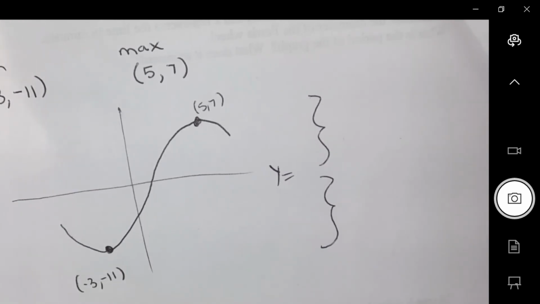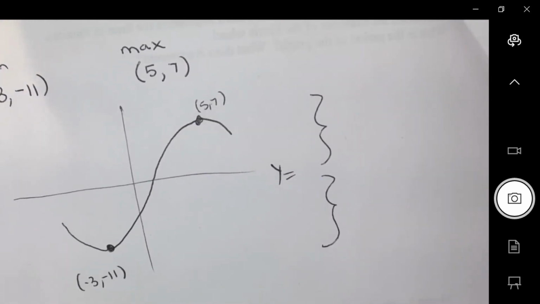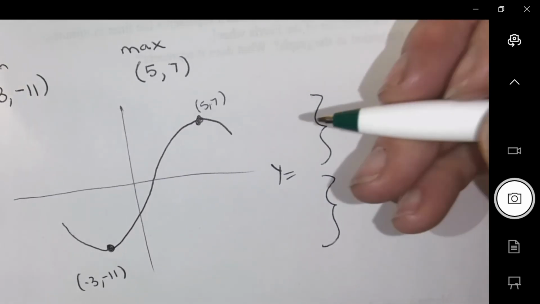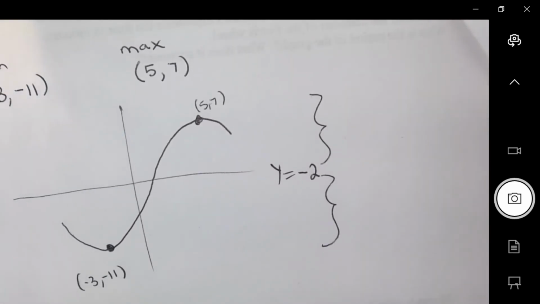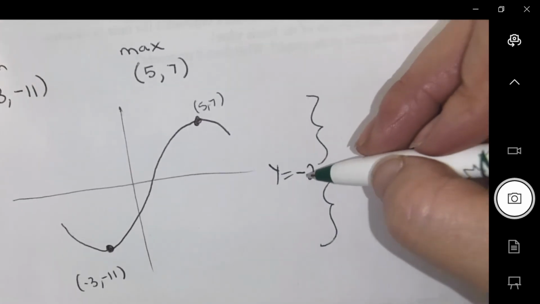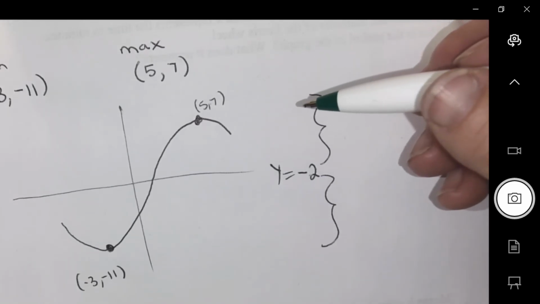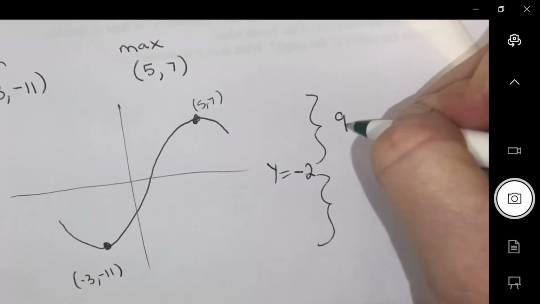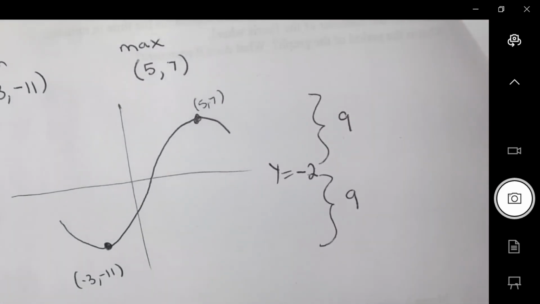So what's between a 7 and a -11? 7 and negative 11. You got a number? Negative 2. How much space is there between negative 2 and 7? 9. Okay, so that's my amplitude.